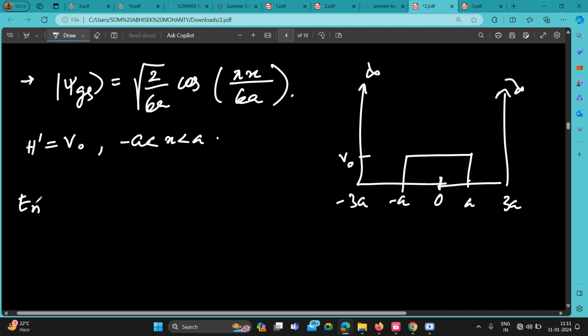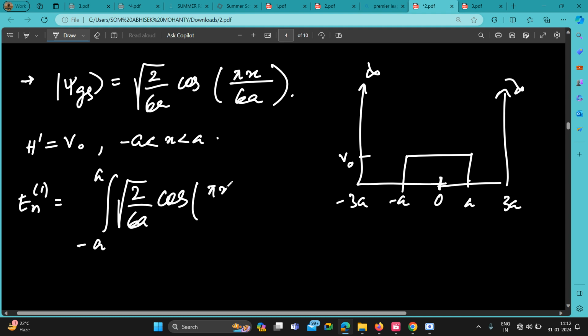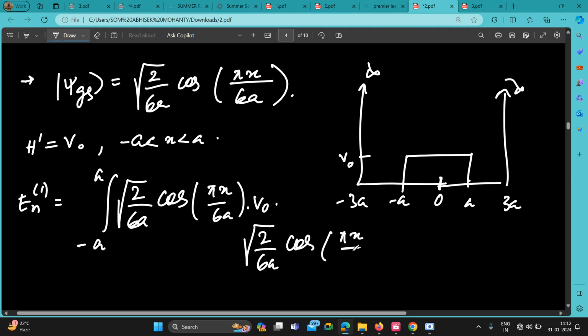So first order energy correction, minus a to a, 2 by 6a cos pi x by 6a into V naught into 2 by 6a cos pi x by 6a.